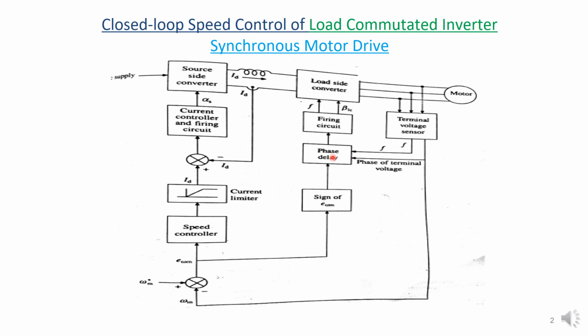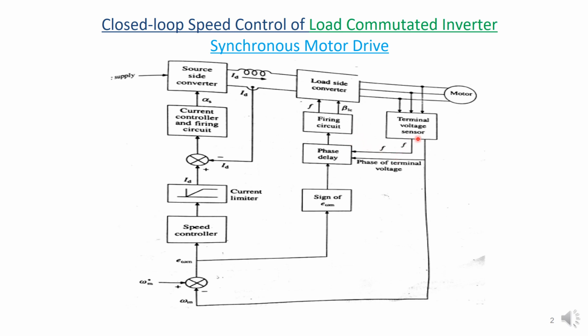The phase delay circuit shifts the reference pulses suitably to obtain control at a constant commutation lead angle, BLC. So here you can see this is the BLC, the commutation lead angle.